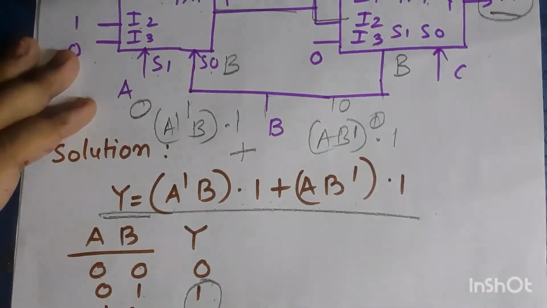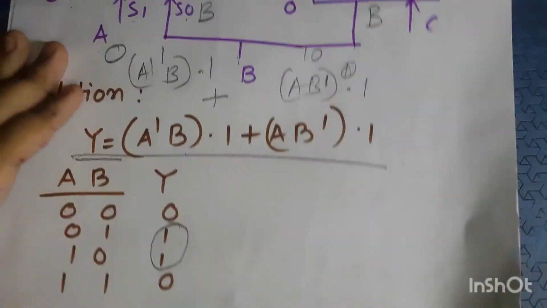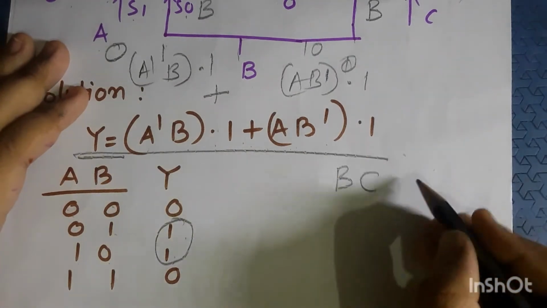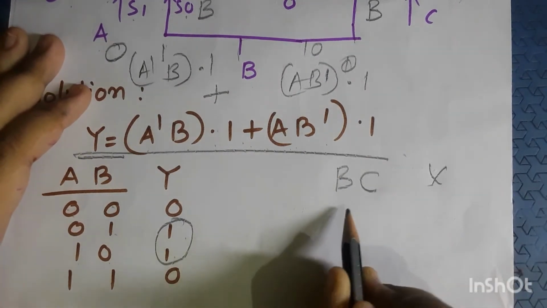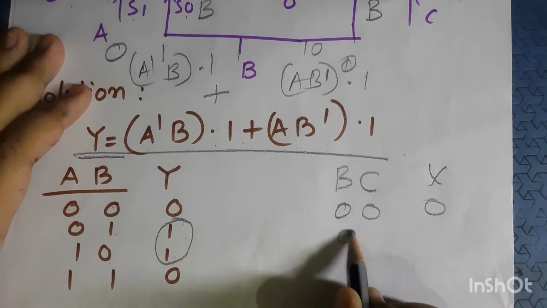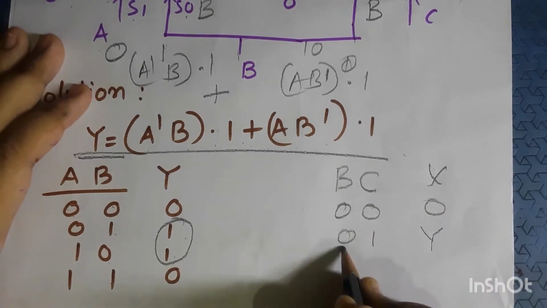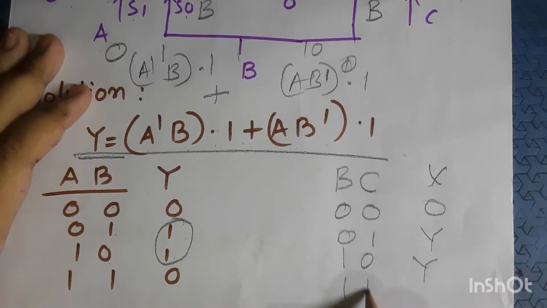Now X. X is based on the value of BC. 0 0 is 0, 0 1 is Y, 1 0 is Y, 1 1 is 0.